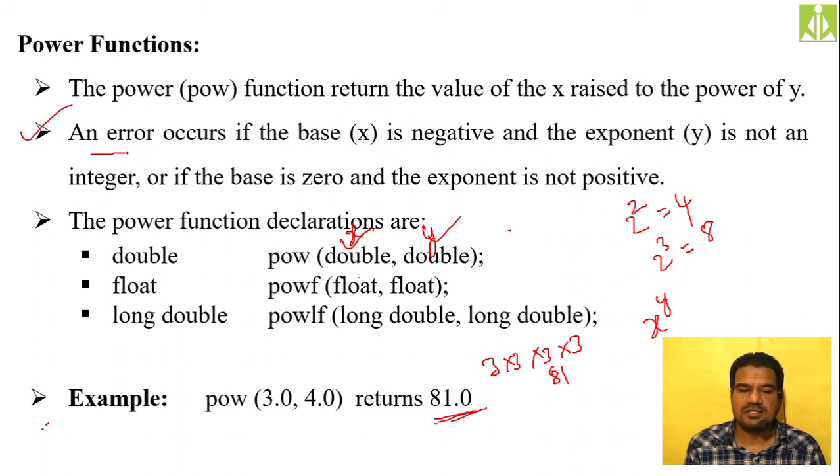An error occurs if the base, x, is negative and the exponent y is a fractional number, or we can say not a whole number, a floating point number or real number. If you are taking the power as a real number, then an error will occur. Or if the base is 0 and the exponent is not a positive number, in that case you will get an error.